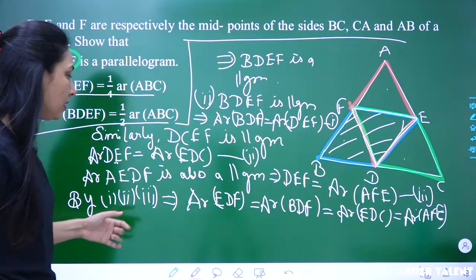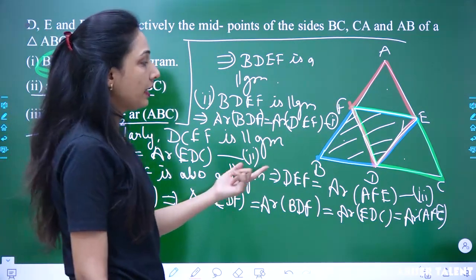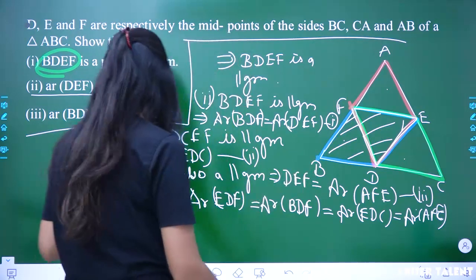Right? We are having these four equal to what? Your area EDF.